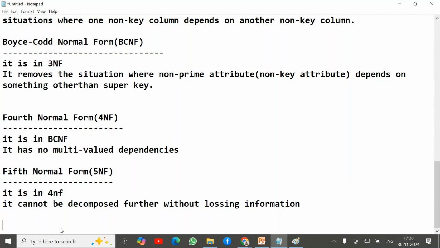A table is in 5NF if its facts can be reconstructed from smaller tables and there is no loss of information. These are the normal forms.